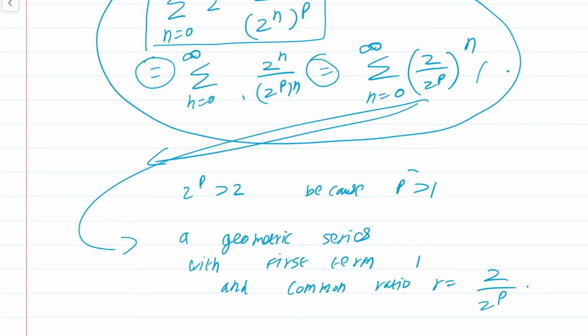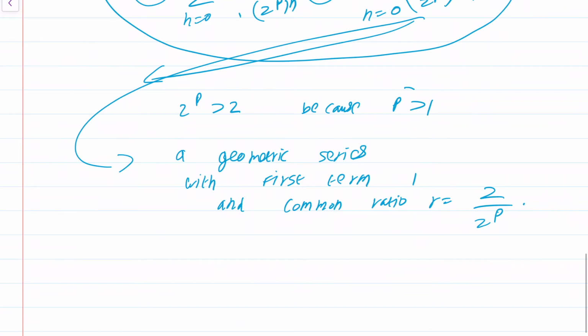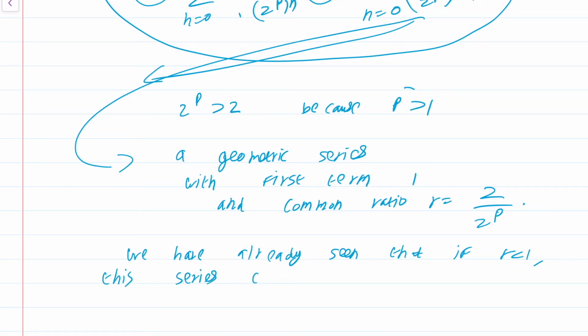Okay, now we have already seen that if r is less than 1, this series converges. Okay, hence we are done. So we have established that this series summation 1 by n power p converges if p is greater than 1. Okay, this is an application of the Cauchy condensation test.